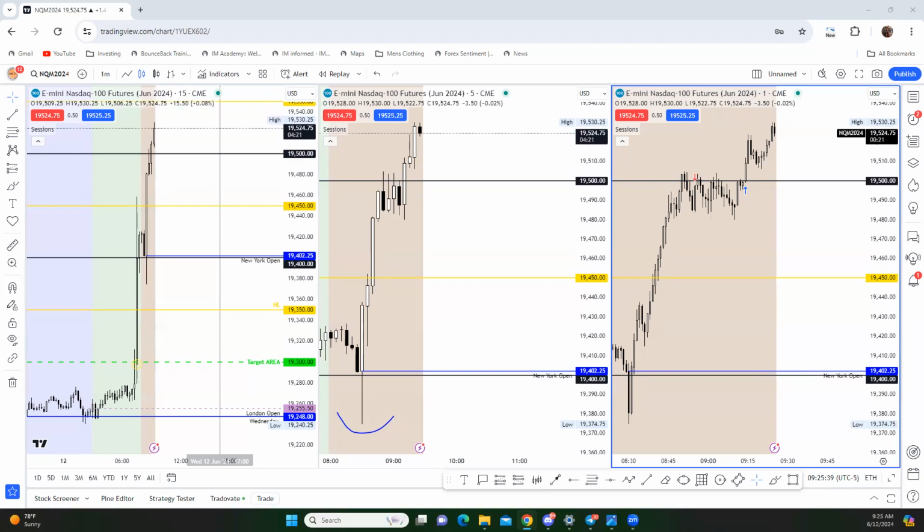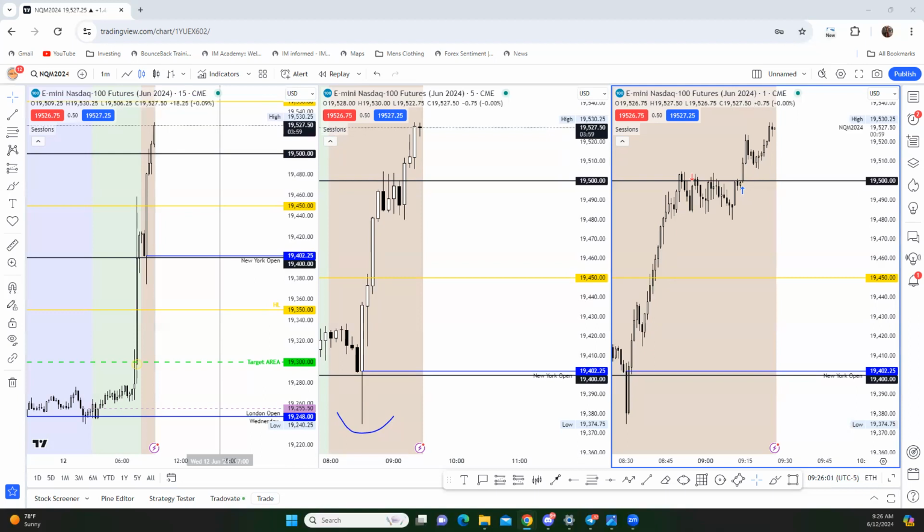So we'll see how this 15 minute closes for 9:30. ES finding more strength. Just pushed up to 54.50. So it's up another level as well. Yeah, so 54.50, we just broke that.